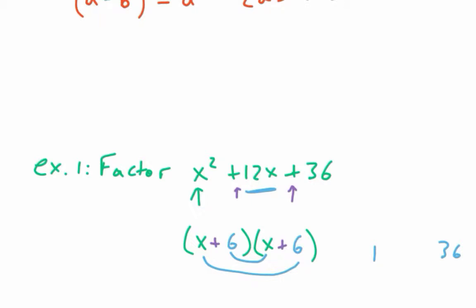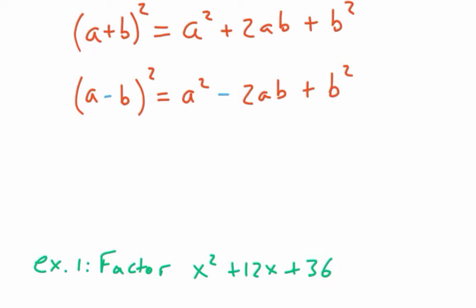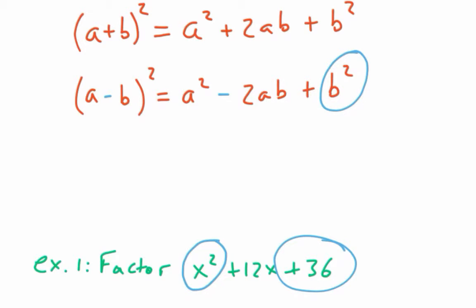Now, push comes to shove, a lot of people I found just do it the slow way, like what I just did. But if you notice this red thing here, and I barely have enough room to squeeze it in there, what should tip you off is if you have something here that's a perfect square. 6 times 6 is 36, right? And you say, okay, well maybe that's going to end up being this here. If this first term is something squared, it could be just an x squared, or a 4x squared or a 9x squared, because 4 is 2 times 2, 9 is 3 times 3.